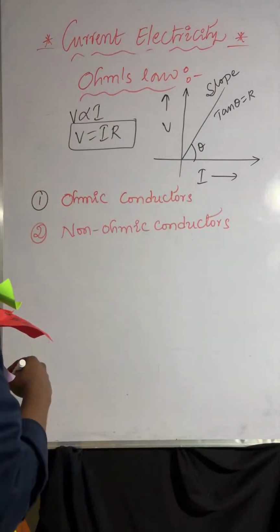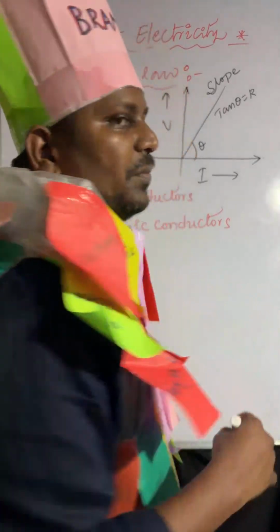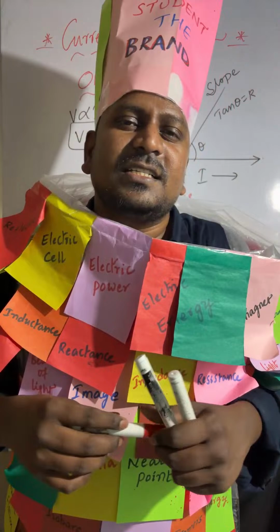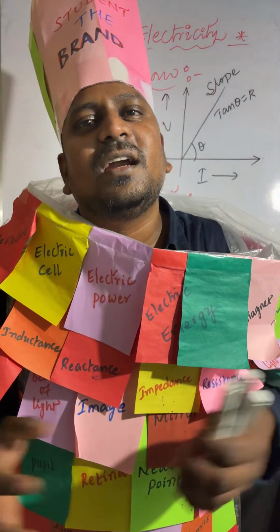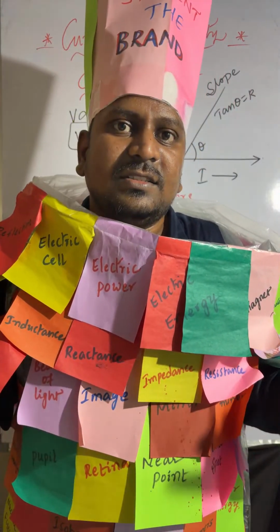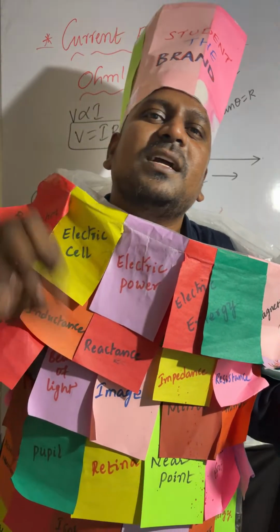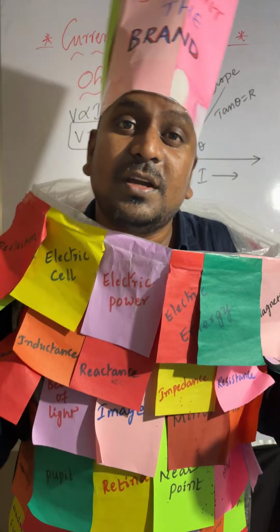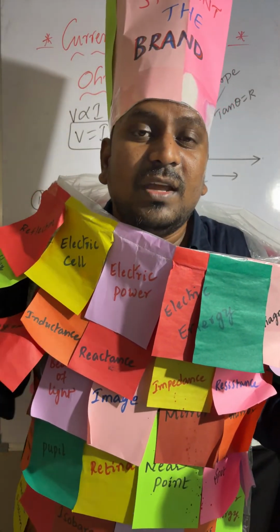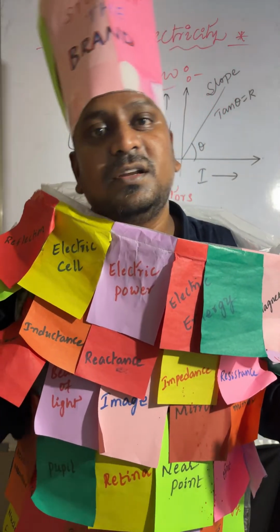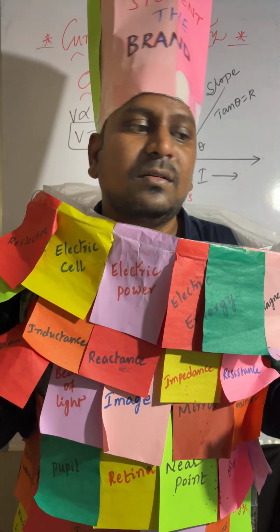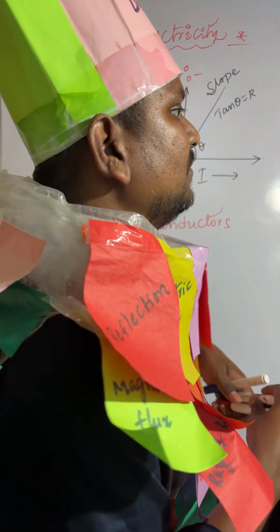The conductors which obey Ohm's law are called ohmic conductors. The conductors which do not obey Ohm's law are called non-ohmic conductors. The V-I graph is a straight line starting from the origin, so it is linear.